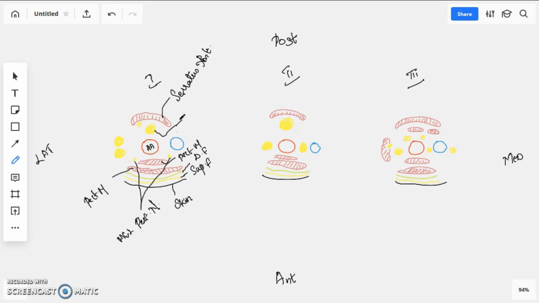In brachial plexus, as we will see later, we have three cords: medial cord, lateral cord and posterior cord. In the first part, posteriorly, the cord you are seeing is the medial cord of brachial plexus.